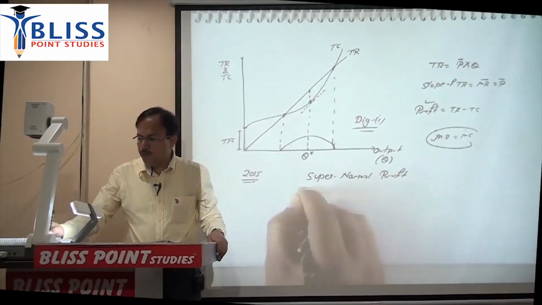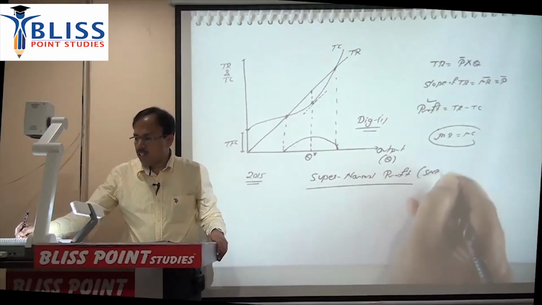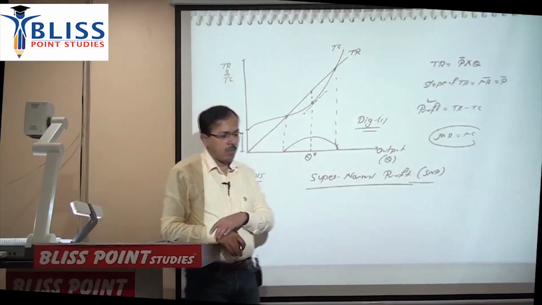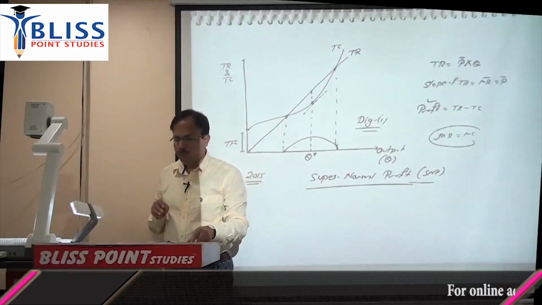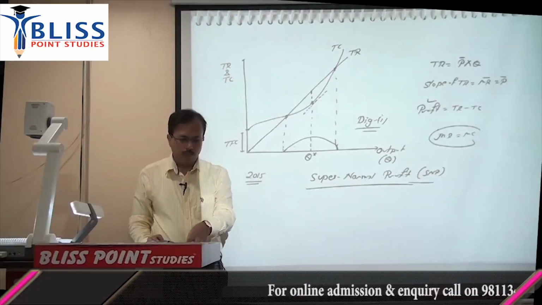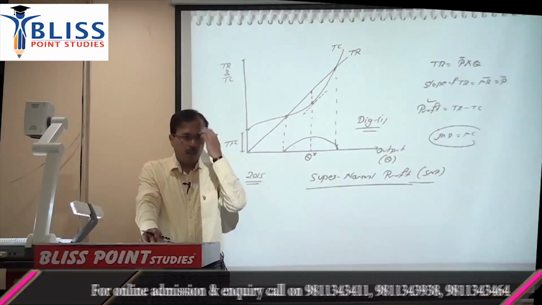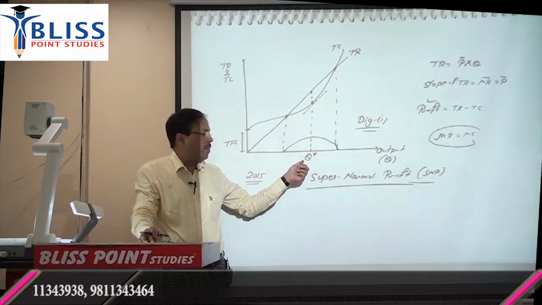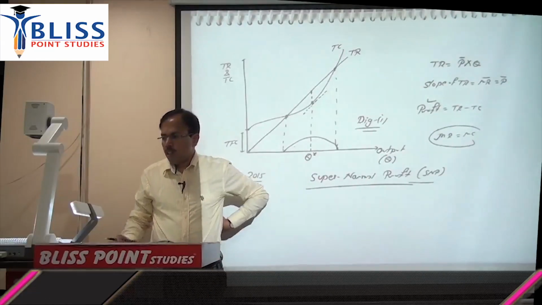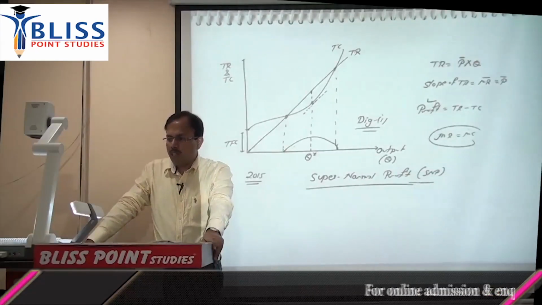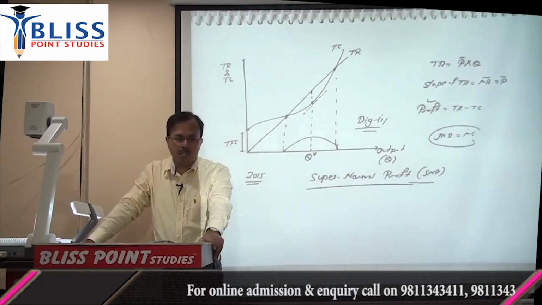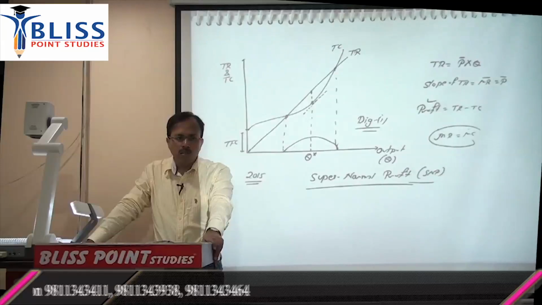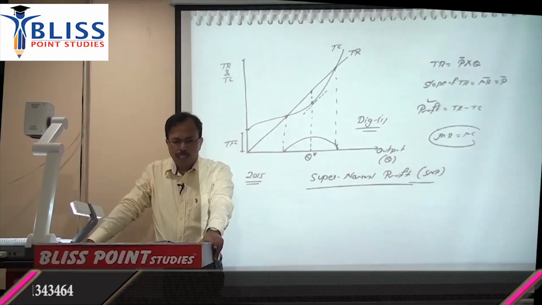As shown in above diagram, at profit maximizing output Q star, the distance between TR and TC is maximized.